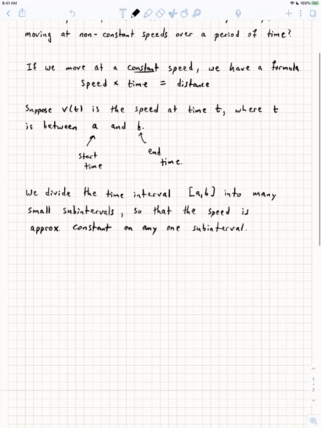Let's draw a picture of our timeline. So here's our timeline. And we're starting at time A, and we're ending at time B. The idea here is that our speed is changing over time, but if we imagine dividing our interval into many smaller intervals, and these intervals might be quite small indeed, we can imagine that on any one of these intervals, the speed is approximately constant.